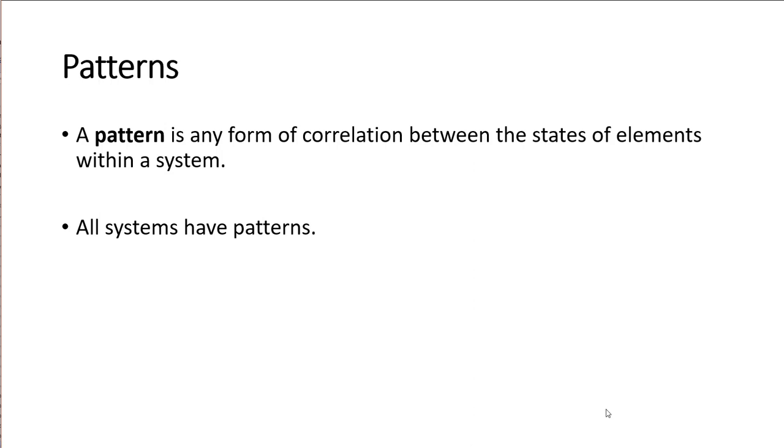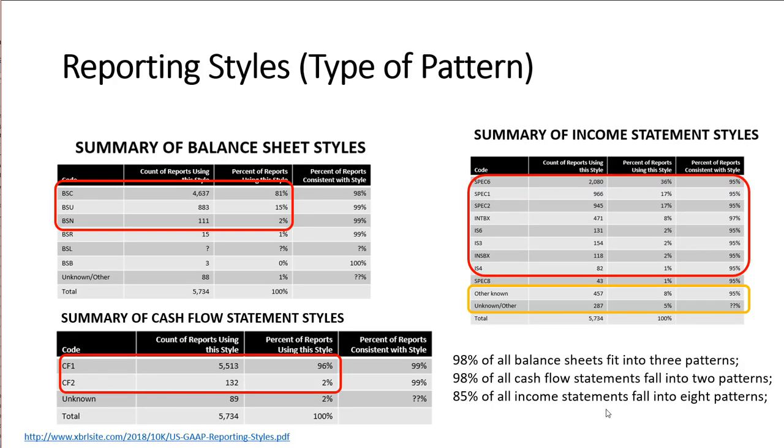All systems have patterns. If you look at financial reports, this is an analysis of basically every public company that reports to the SEC. I looked at their balance sheet, income statement, and cash flow statement, and you see patterns. 98% of all companies report using 3 balance sheet patterns. The vast majority uses a classified balance sheet.